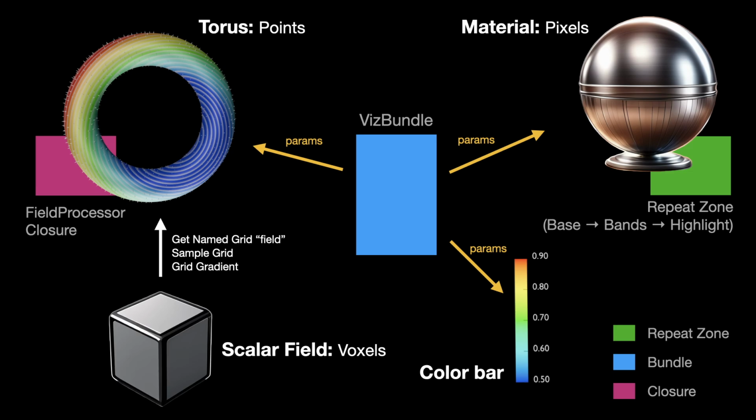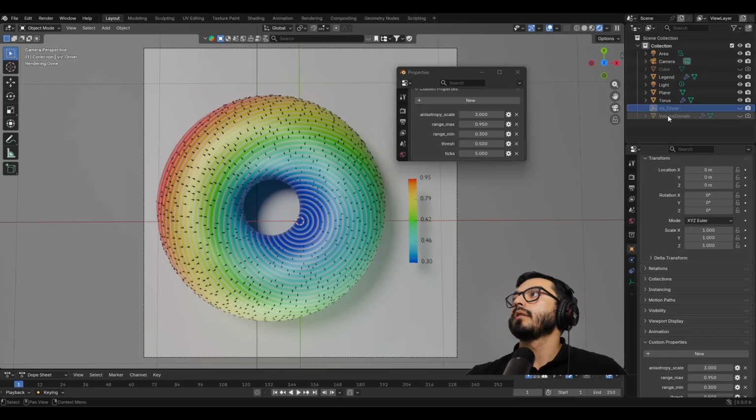We will also create the color bar with some logic to convert the values into some mesh, and these are the meshes we are seeing here that are changing based on our properties. So let's start with the domain creation.